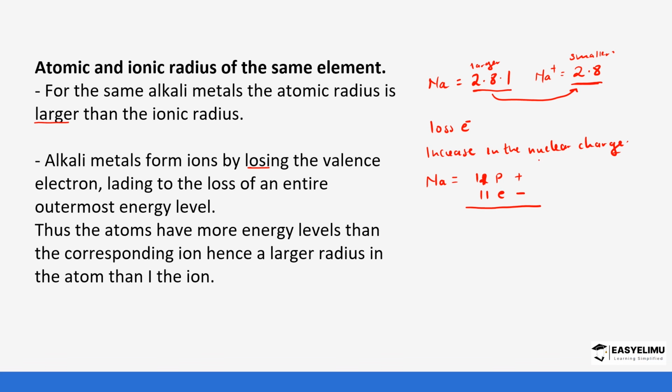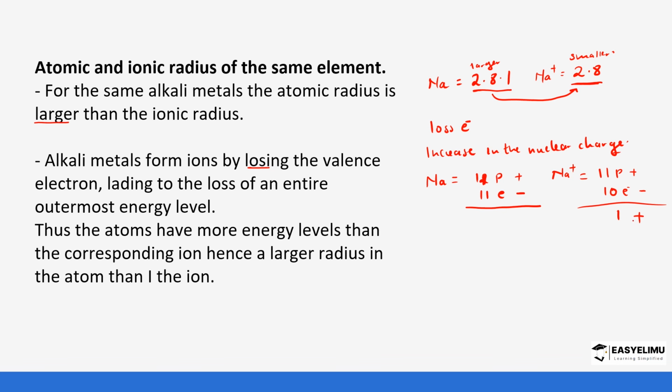When you look at the ion, however, you notice that the number of protons will remain the same because they are in the nucleus. But the number of electrons becomes 10. So when you look at how they cancel out each other, we will have an extra proton that does not have an electron to balance out with.